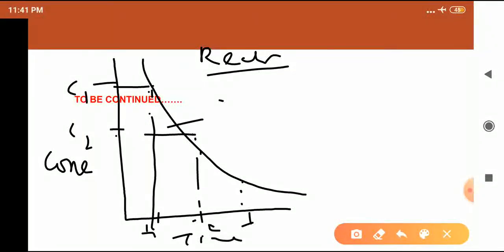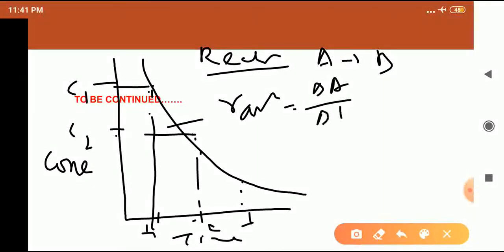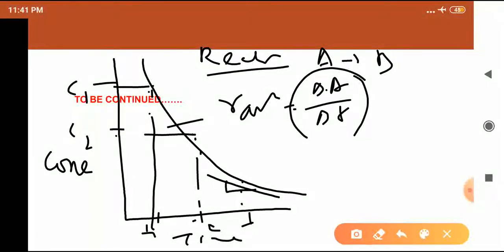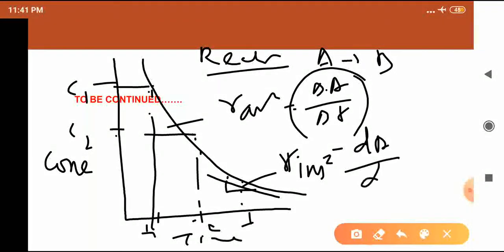This gives us average rate of the reaction, which is equivalent to, in case of a reaction A gives B, this reaction average rate of the reaction is equal to change in concentration of A by change in time, and this slope gives us the instantaneous rate of the reaction, which is equivalent to dA by dt.